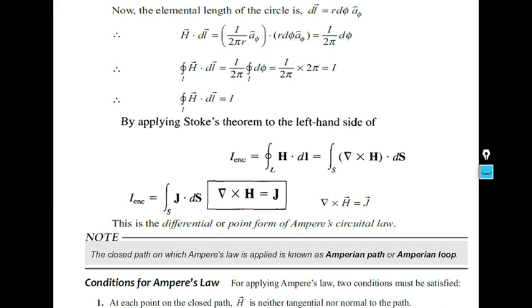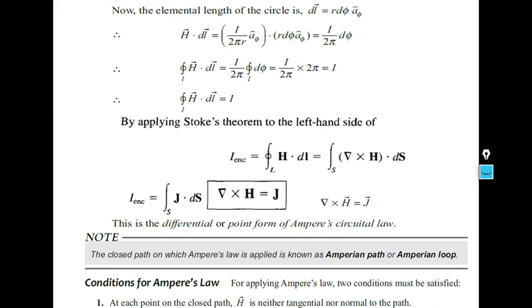Next, we are finding from Ampere's law that curl H is equal to J. That means if I take a current density, then around this current density I would get a curl of magnetic field, a circular motion of magnetic field around this current density.